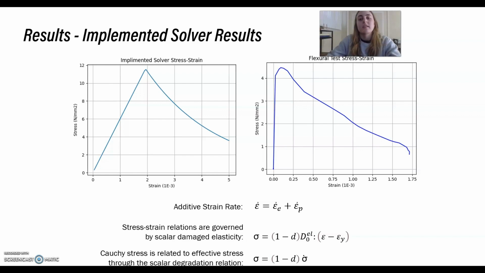So within the context of scalar damage theory, this stiffness degradation is isotropic and characterized by that single variable. The Cauchy stress is related to the effective stress through that scalar degradation relation. So we can ultimately create this comparison done here, but it's important to keep in mind that there are simplifications made in the implemented solver case.